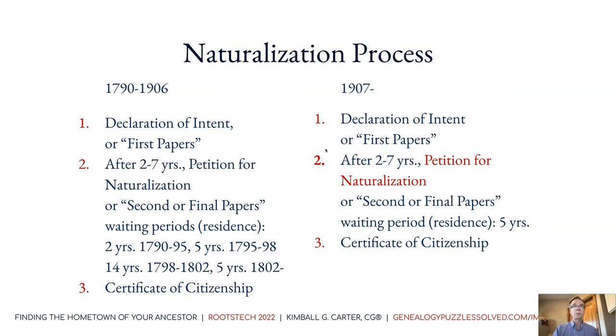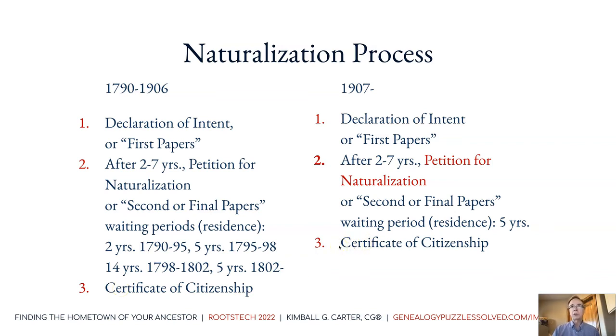After 1802, 5 years was required for residence in order to file for naturalization. The time frame varied by the dates as you see here. 2 years from 1790 to 1795, 5 years 1795 to 98, 14 years 1798 to 1802, and 5 years 1802 forward. And then the certificate of citizenship was granted.